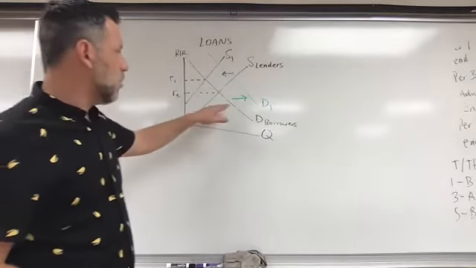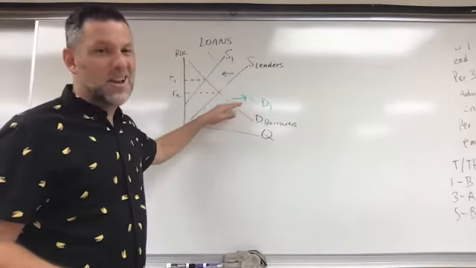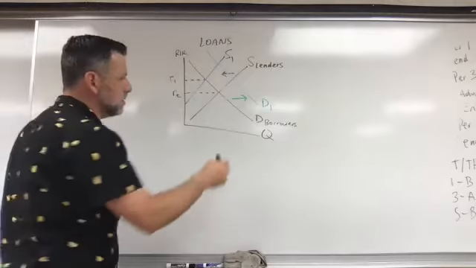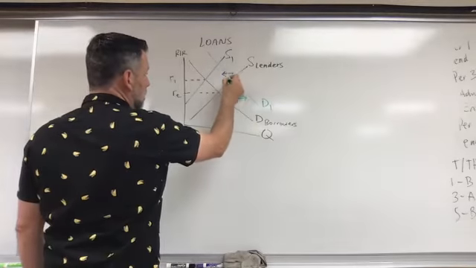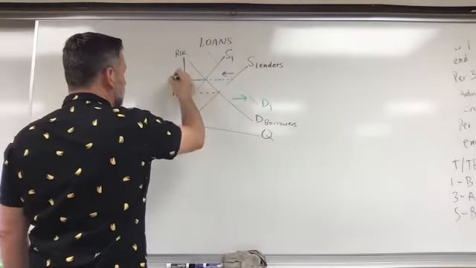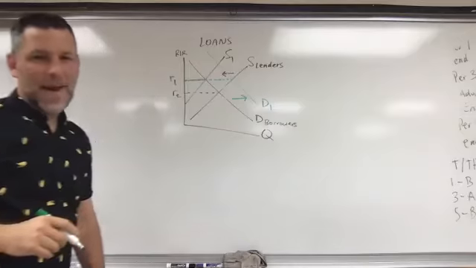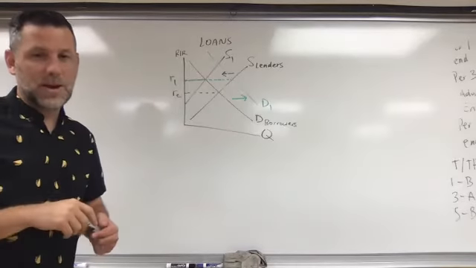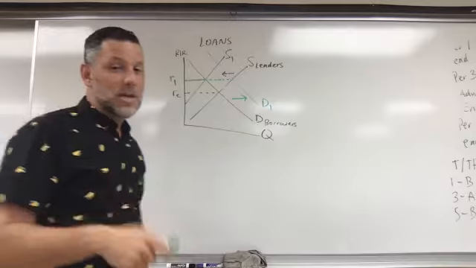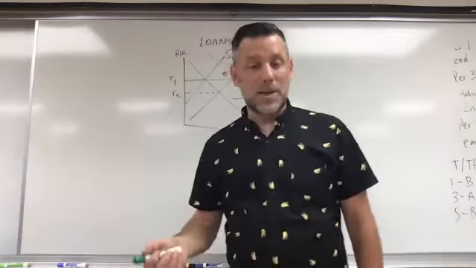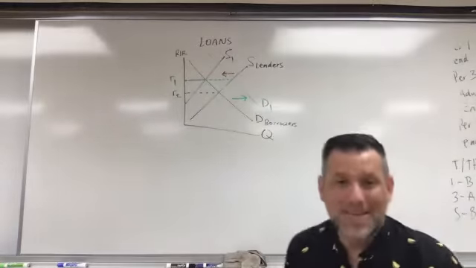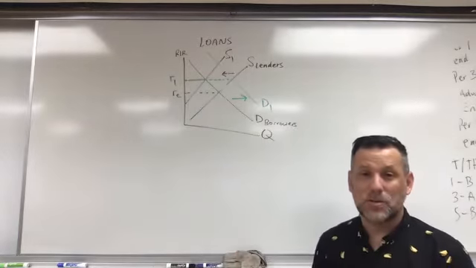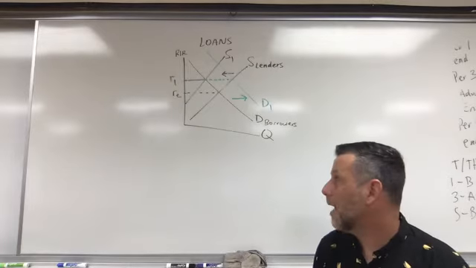So we increase the demand for borrowers and find our new equilibrium. Notice that it matches up perfectly with the increasing interest rate from before. So whether you decrease supply or increase demand when the government borrows money, in both instances, it causes that real interest rate to go up.